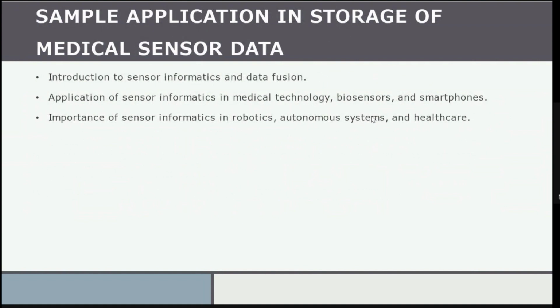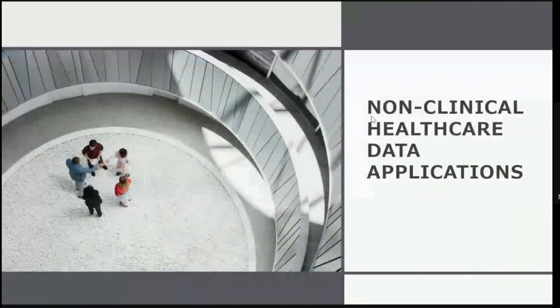So sensor informatics and data fusion, that means mixing of things. We'll have medical technology, biosensor, smartphone. Everything now can also be attached to your smartphone. What is happening in the hospital, you can even check if you are the proprietor, if you are a doctor, if you are a head nurse, you can do that. And there is this hospital called AIG, which is using robotics in their surgeries now, and a lot of autonomous systems and healthcare systems are there in the sample data.